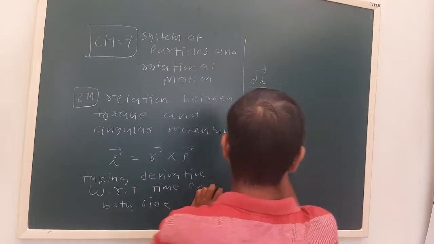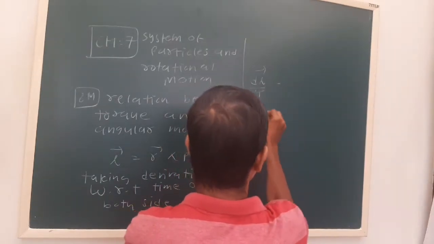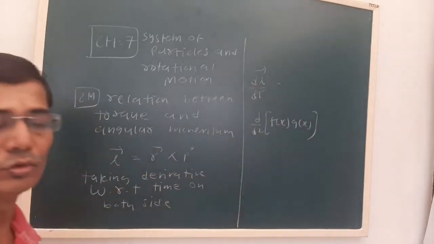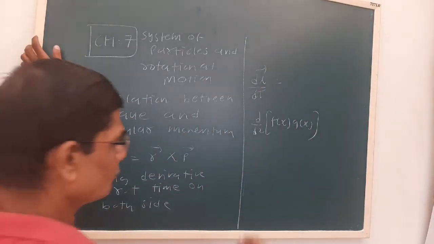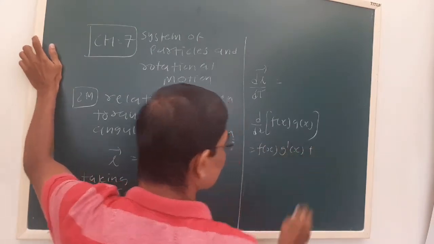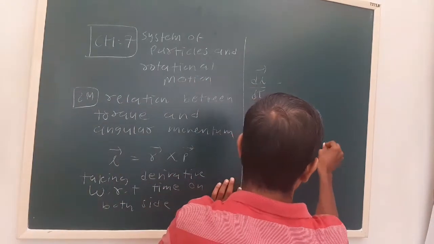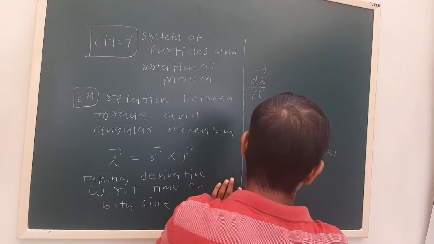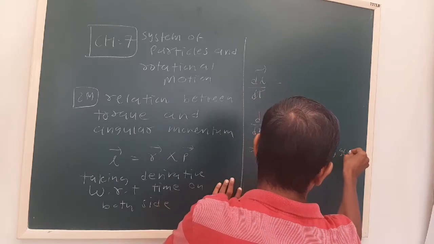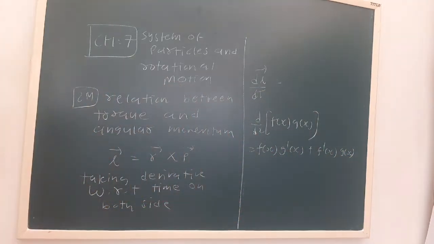It will be like this: d by dx of f(x) times g(x). These are the two functions in multiplication. What is the rule? First function as it is times the derivative of the second, plus the derivative of the first function times the second as it is.